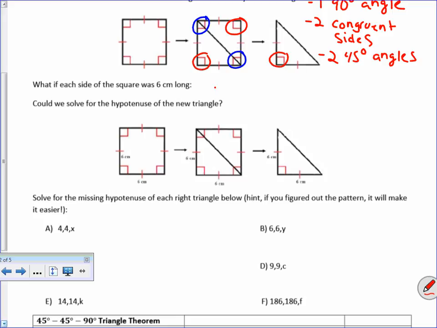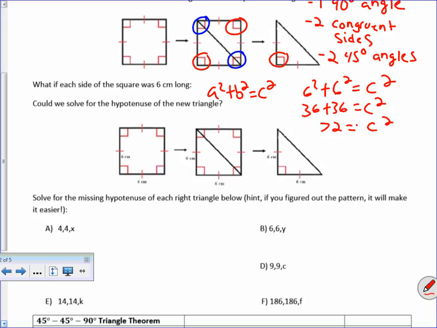We're going to use the Pythagorean theorem, and we know A and B, our legs, are both 6, so we have 6 squared plus 6 squared equals c squared, which is 36 plus 36. 72 is equal to c squared. Of course, you're going to want to take the square root to cancel out the exponent of 2. So c is going to be equal to the square root of 72.